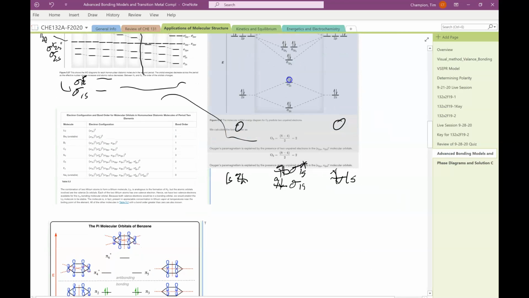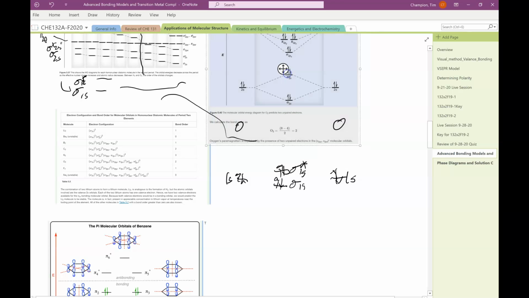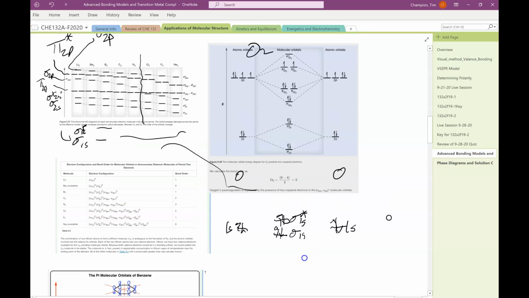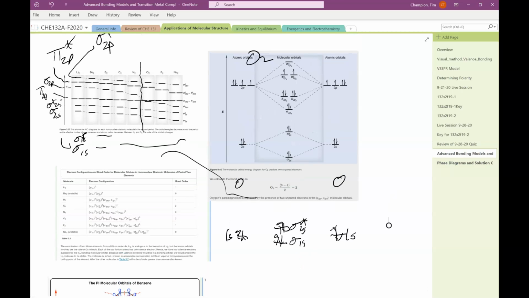Okay. So what's interesting about this one is if you then count up your bonding and anti-bonding, this is the bond order calculation of O2. Counting the ones above in the diagram here, we've got 2 bonding and 6 bonding for our 8 bonding electrons.